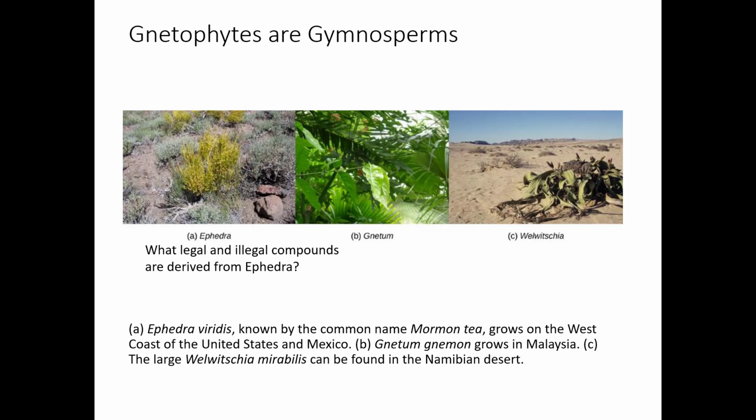Then they were going back to their little lab in their garage or in their basement and making methamphetamine, which is illegal. So the legal compound that comes from ephedra is Sudafed, pseudoephedrine, but pseudoephedrine can be converted into methamphetamine. So it's kind of interesting.